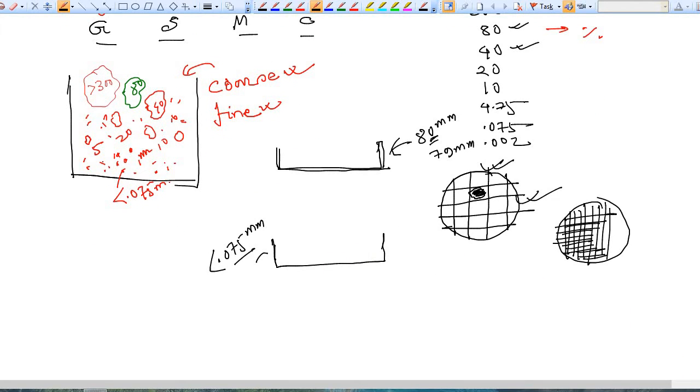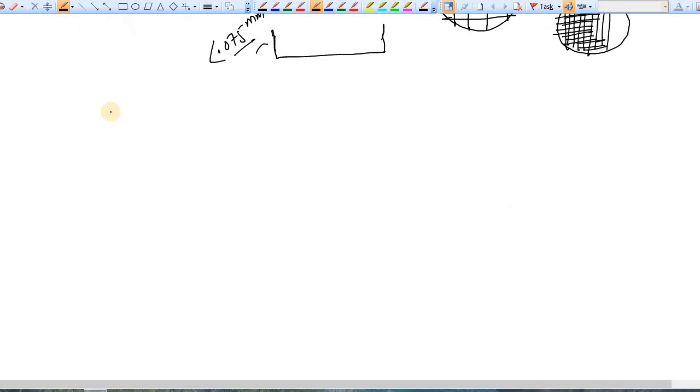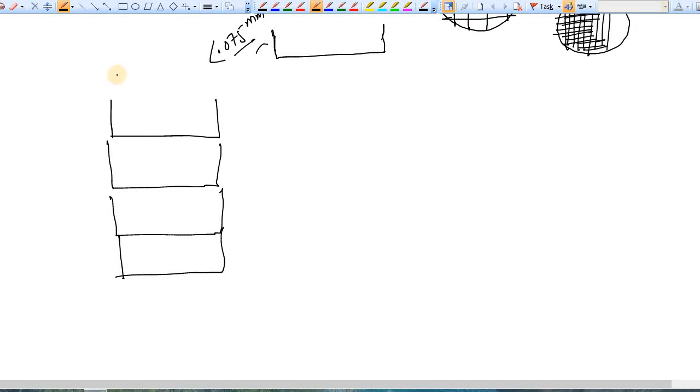So in this way you will collect all the sieves and arrange them to make a nest of sieves in such a way that the larger size is at the top.